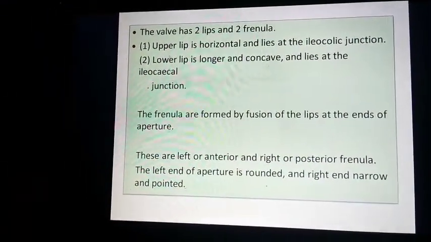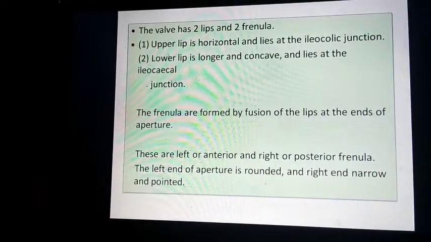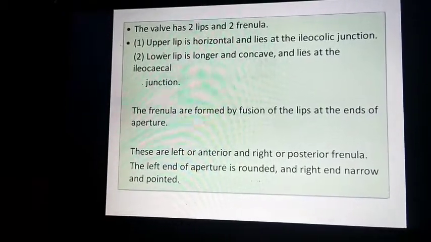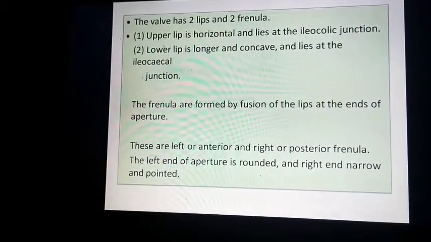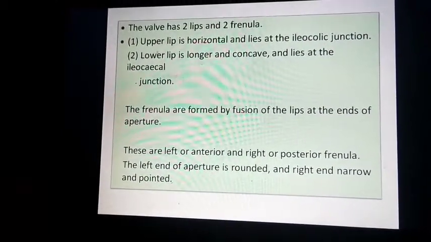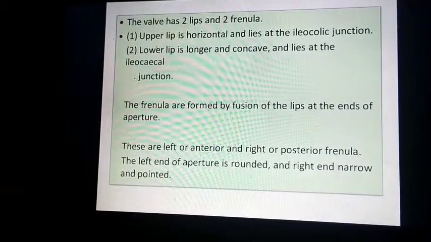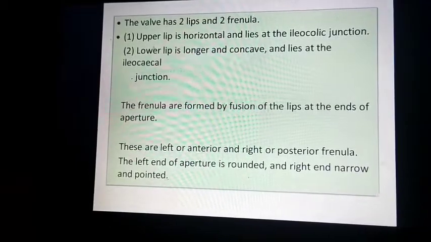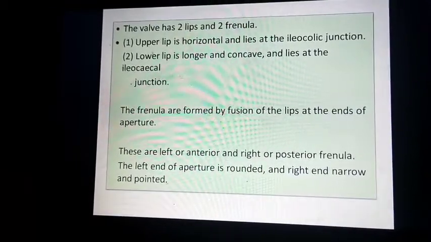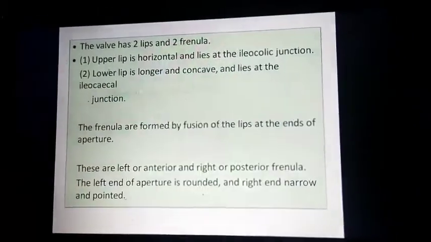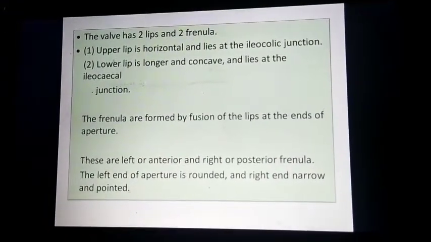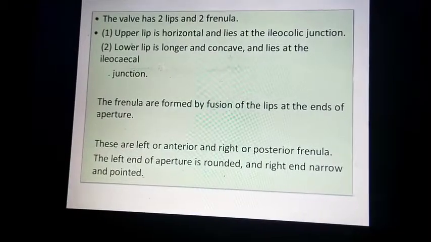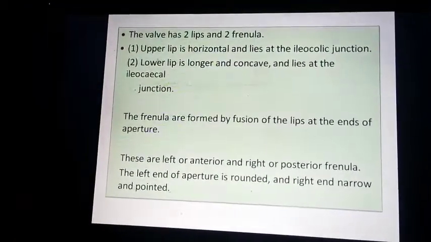The upper lip is horizontal and lies at the ileocolic junction. The lower lip is longer and concave, and it lies at the ileocecal junction. The upper lip forms the ileocolic junction, and the lower lip forms the ileocecal junction, because it is connected to the cecum, and it only forms the cecocolic junction.